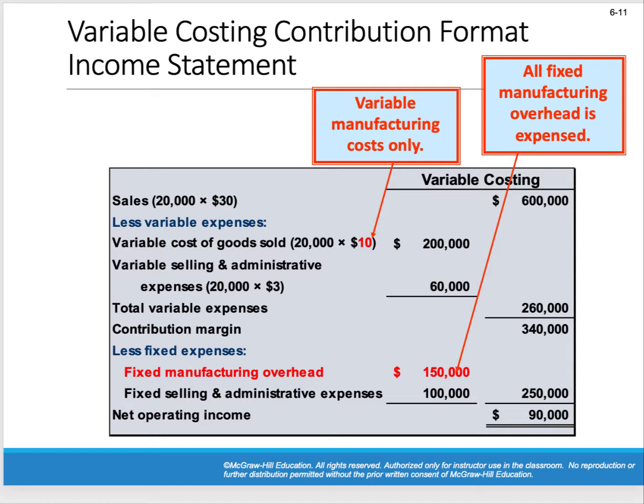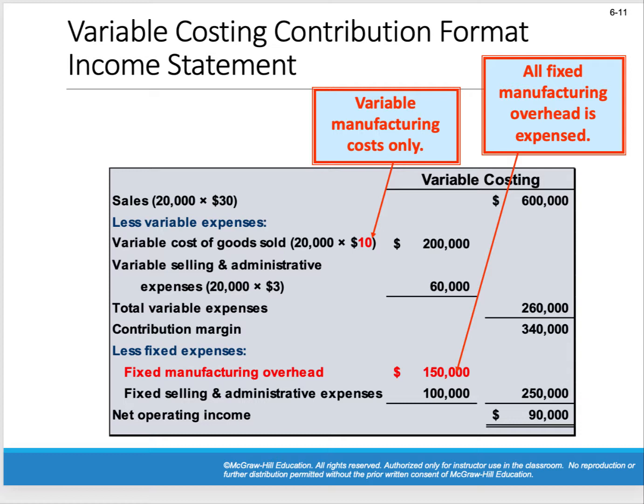When doing the contribution formatted income statement, we include all variable costs at the top. We get our contribution margin, then we subtract out our total fixed costs, okay? So we're using the variable costing. We're using the contribution formatted income statement. So let's see what we have first.